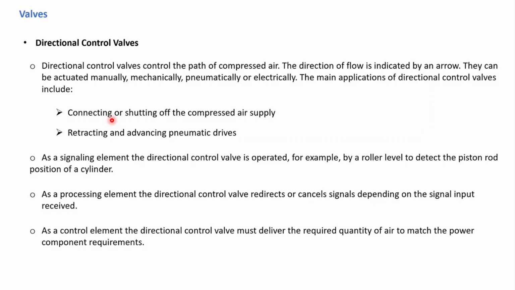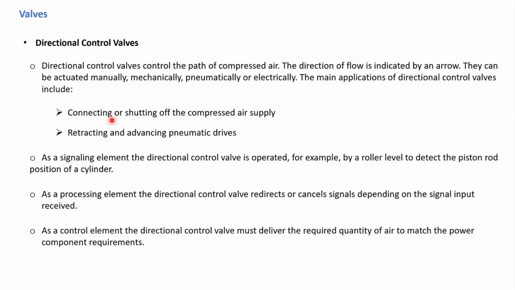As a processing element, what a directional control valve can do is redirect or cancel signals depending on the signal input that is sent to that specific directional control valve, or the signal that the directional control valve is receiving.